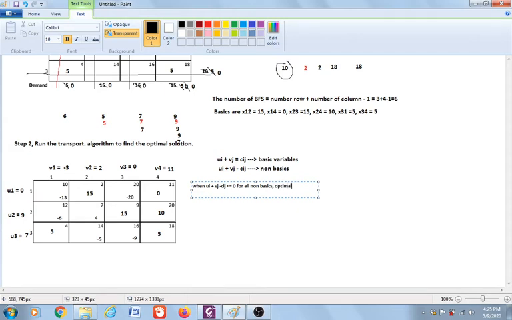Okay, if no, find the most positive or the largest Ui plus Vj minus Cij, and the corresponding variable is the entering variable.